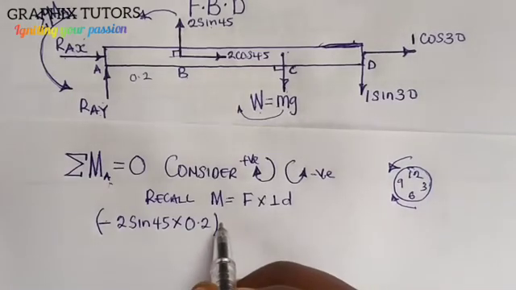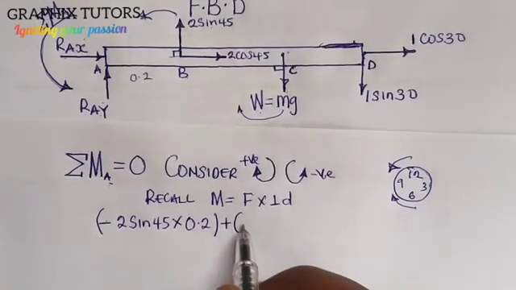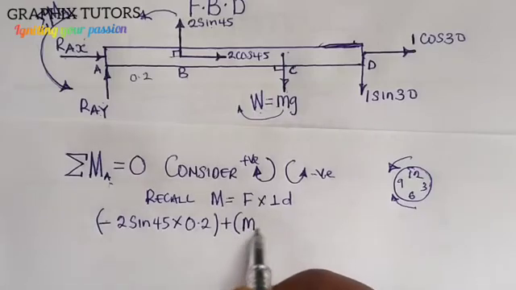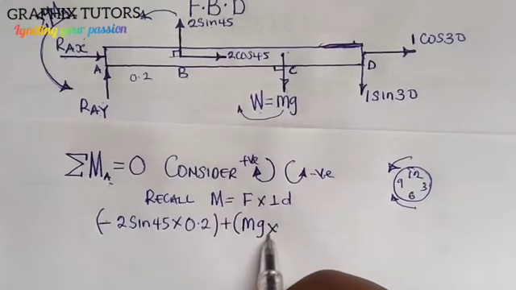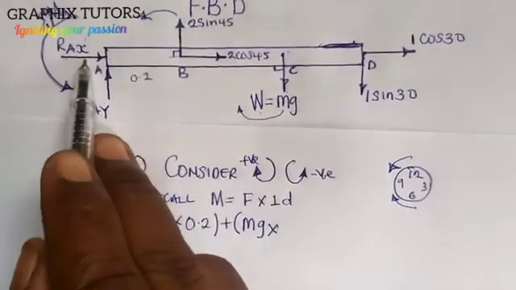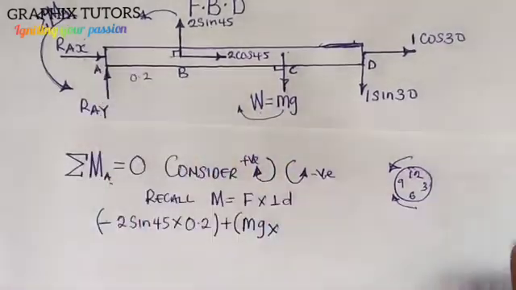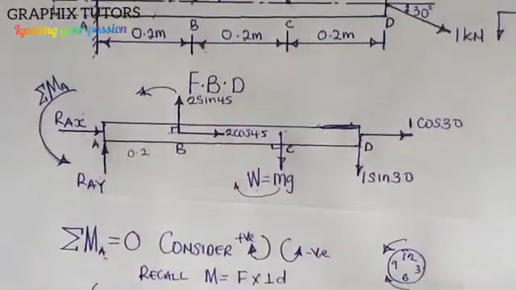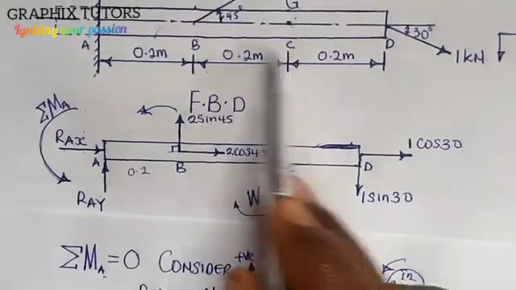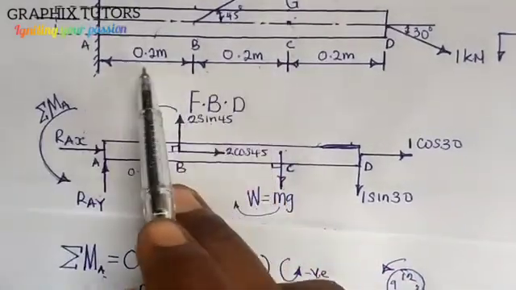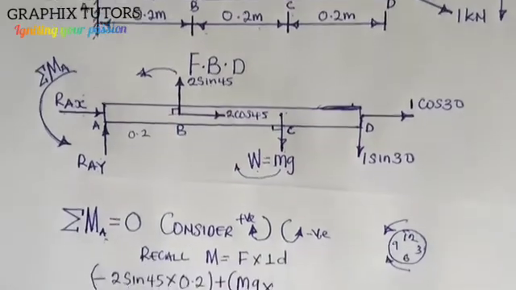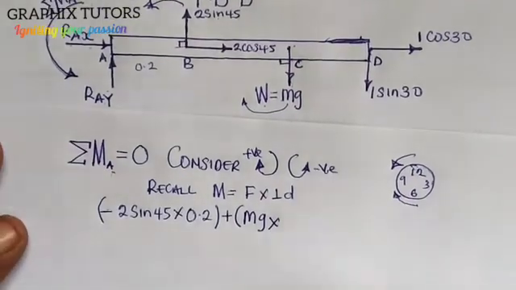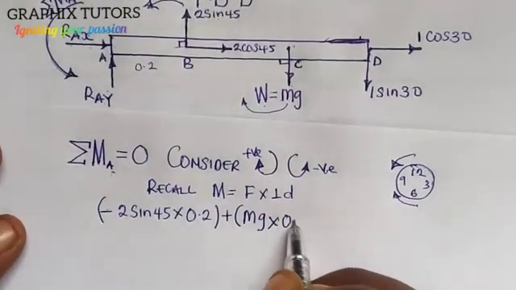So it's going to be plus brackets the mass times gravity multiplied by the distance from C to A. This is 0.2 plus 0.2, that is 0.4. So times 0.4.